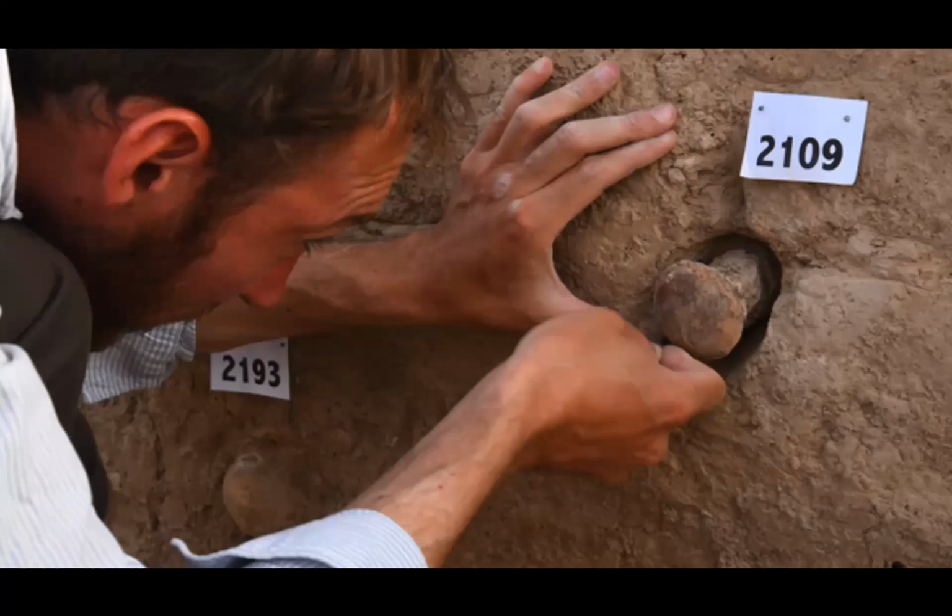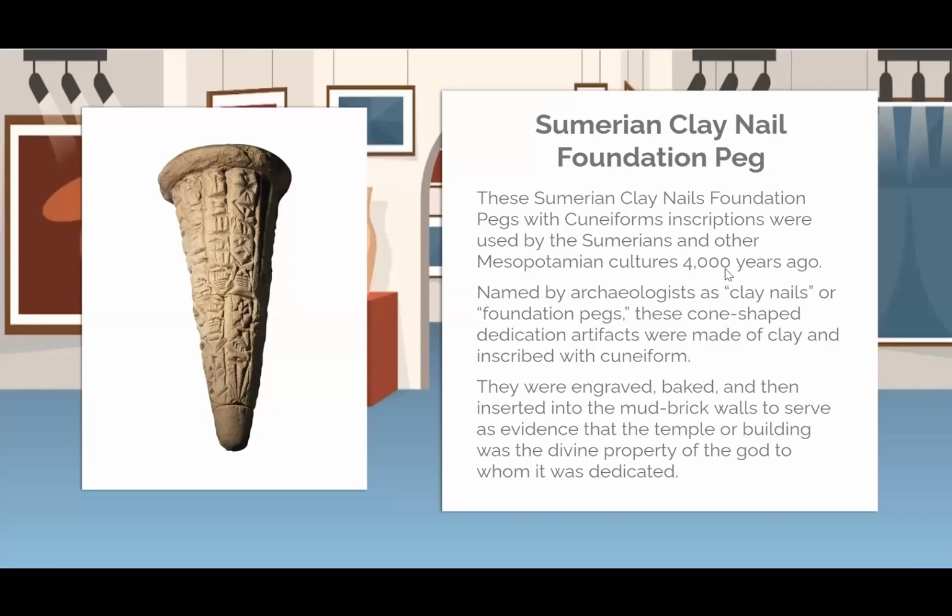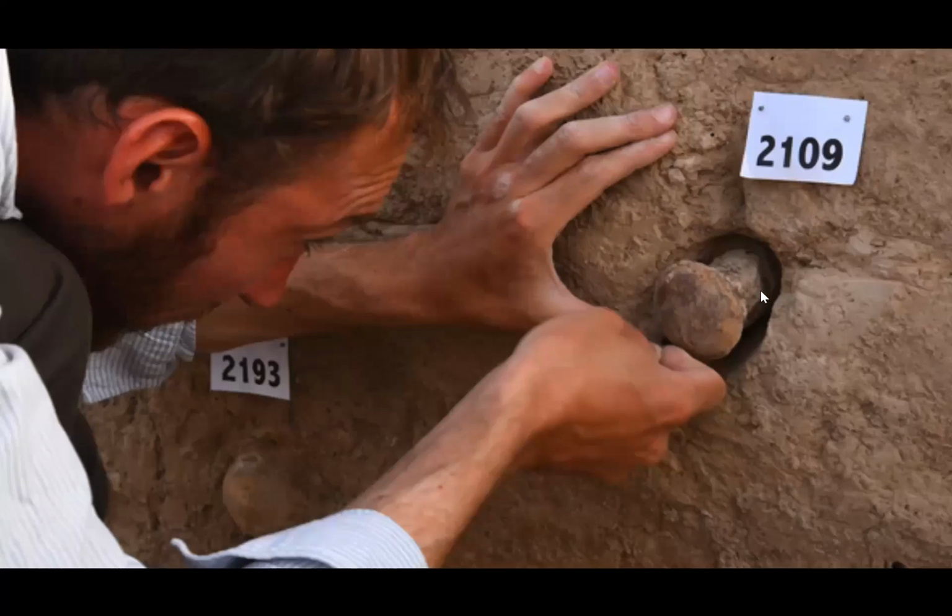They believe that what's written on the cones are blessings and dedications to the god that the temple was made for. So there's different temples for different gods.